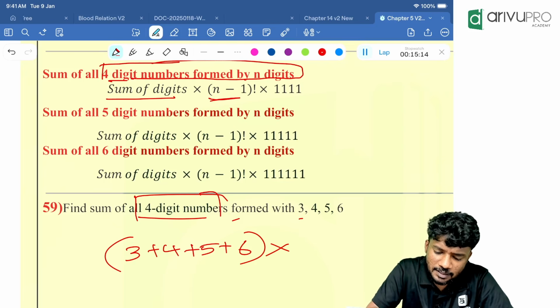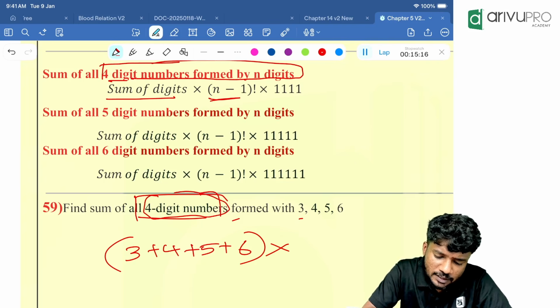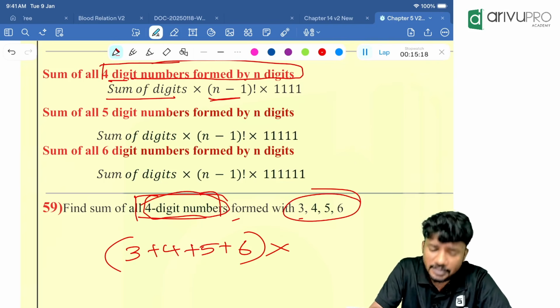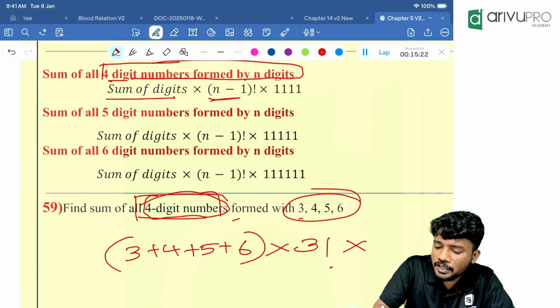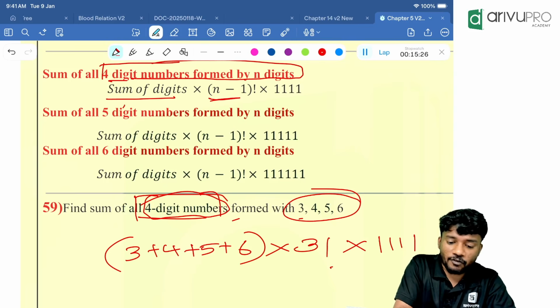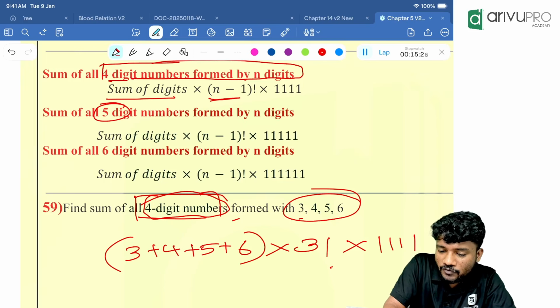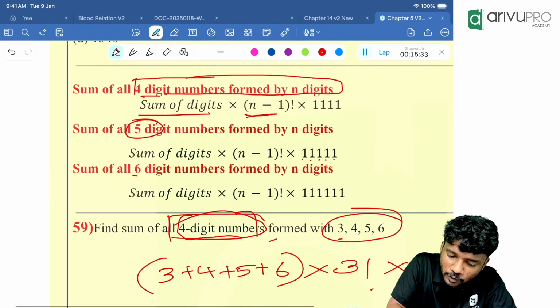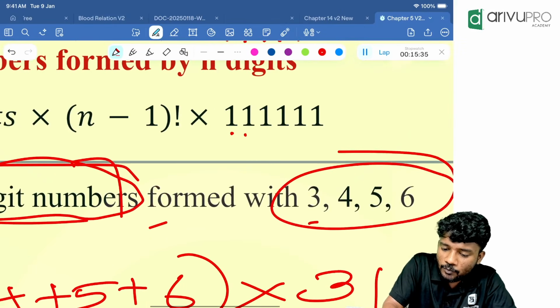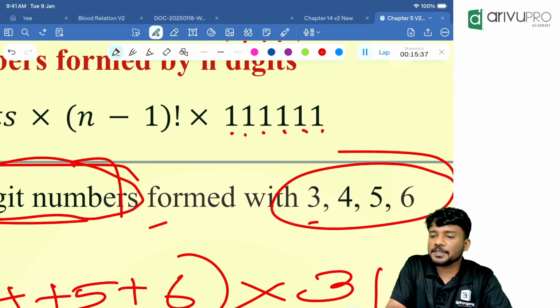Here we are forming a 4-digit number from 4 digits, so 4 minus 1 is 3 factorial, into 1111. People, if the question is for 5 digits, this will become 11111. If it is for 6 digits, it will become 111111. That means 6 ones will be there.